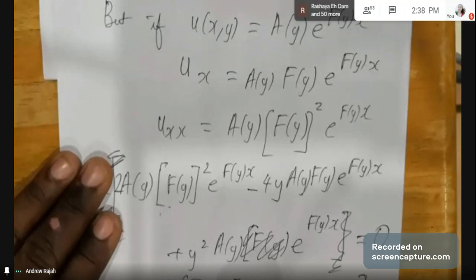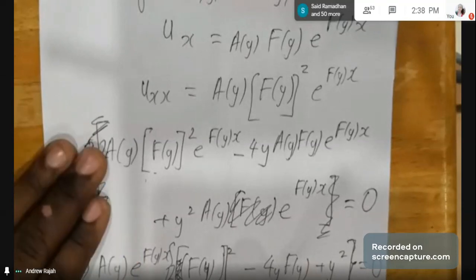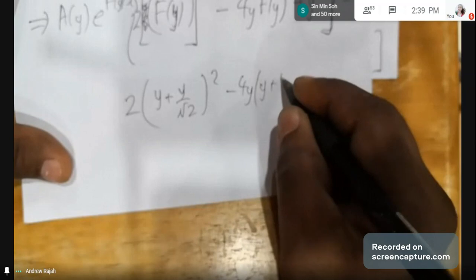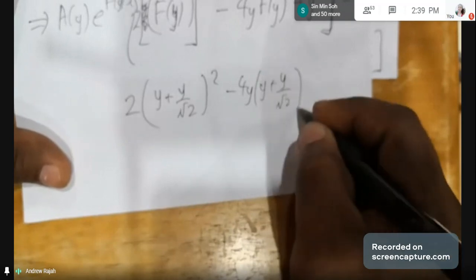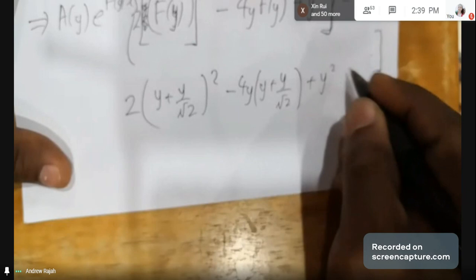And if you choose y minus y over square root 2, you put this inside the quadratic.